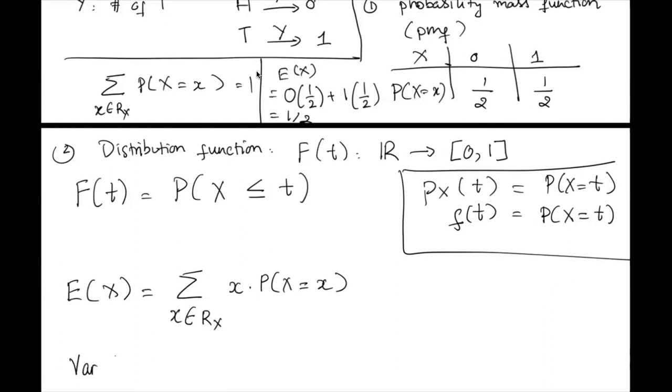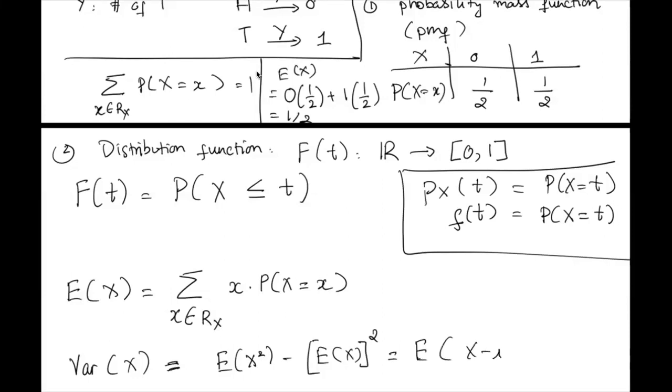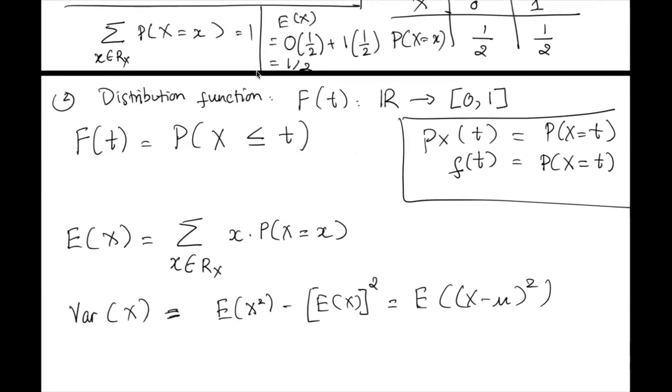And for variance, the most common formula that you use in this course, I believe, is this one. But there is also another formula, which is denoted by this, where mu here is just the expected value of x. I feel like this one is more intuitive when it comes to what variance means.